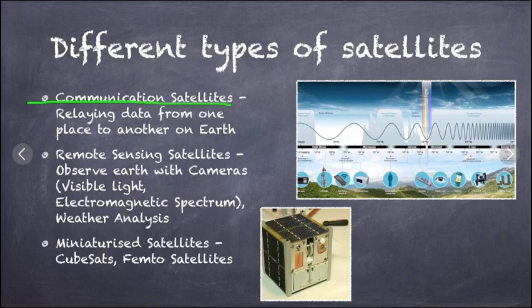Now, a very interesting use of these satellites is the electromagnetic spectrum. They can have cameras which, let's say, detect infrared radiation or infrared light, and this can tell us about global warming.